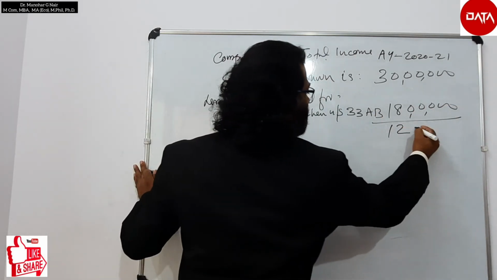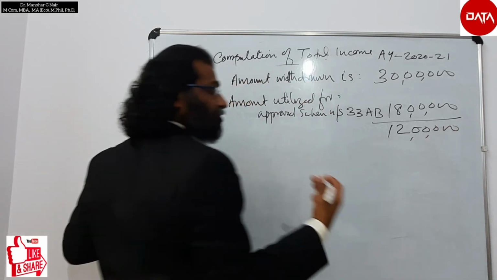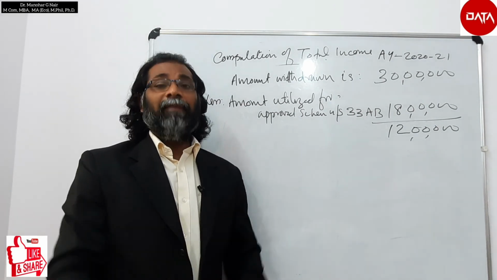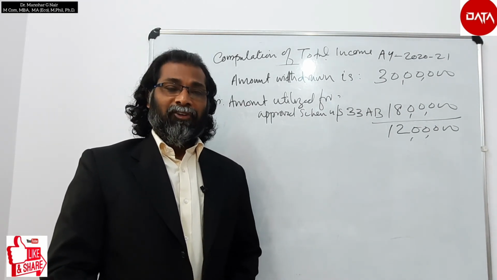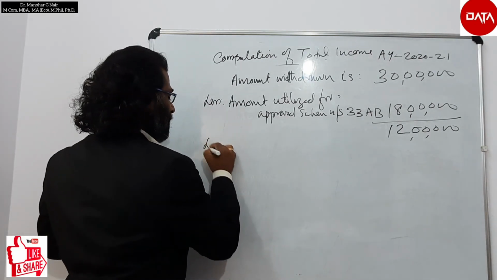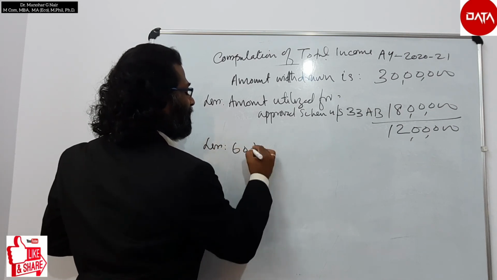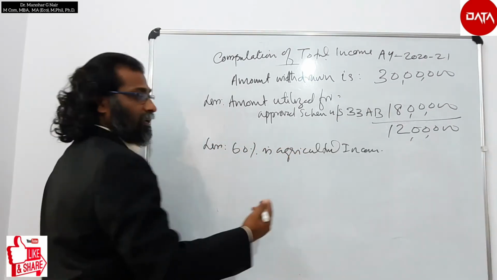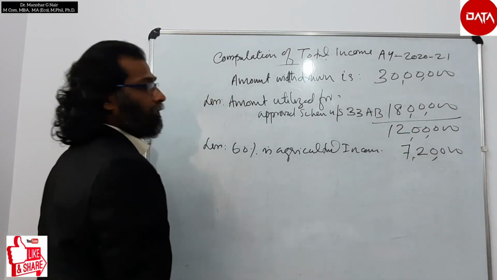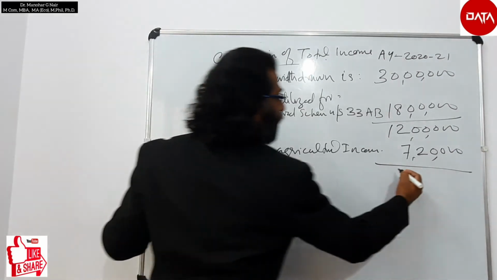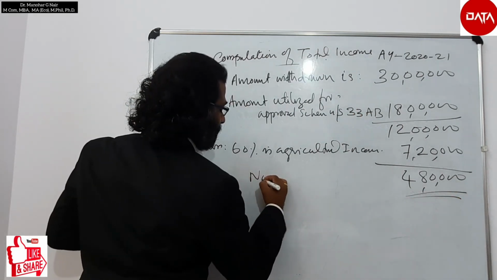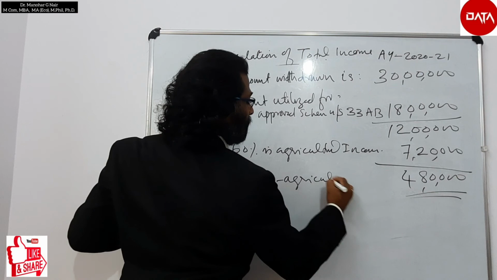Therefore, this balance 12 lakh rupees is not utilized during the previous year as per the scheme, so it is to be taxed. Of this 12 lakh, 60% is agricultural income. That is 7,20,000 is agricultural income. So the balance 4,80,000 is non-agricultural income, business income.